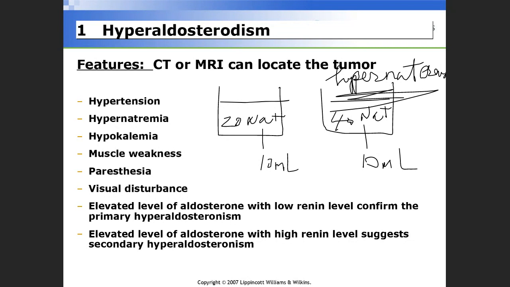In the case of ANP function, natriuretic peptide, as such, when you have a lot of sodium coming in, you lose a lot of potassium. So correspondingly, you get hypokalemia, and that could lead to muscle weakness, because low potassium can interfere with the repolarization of the membrane, for example.